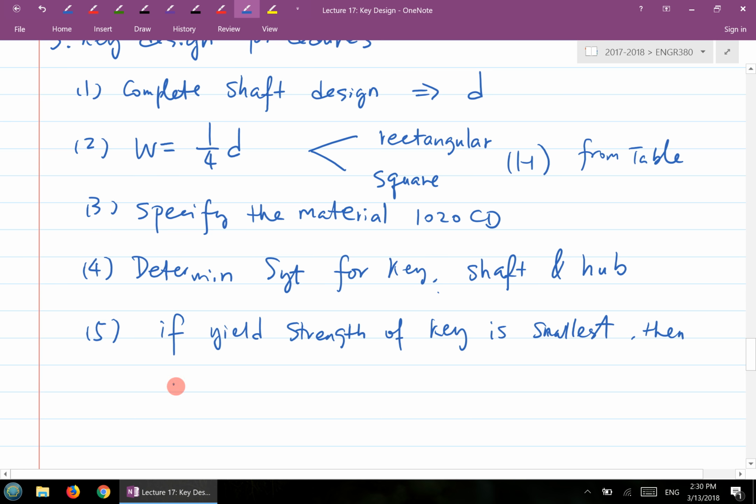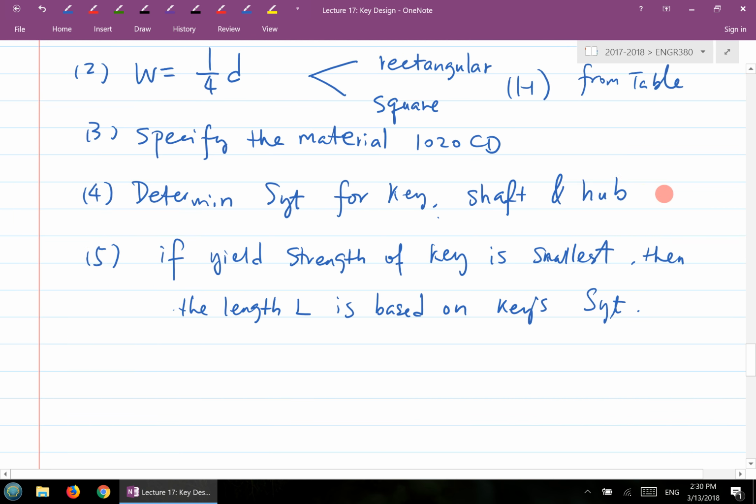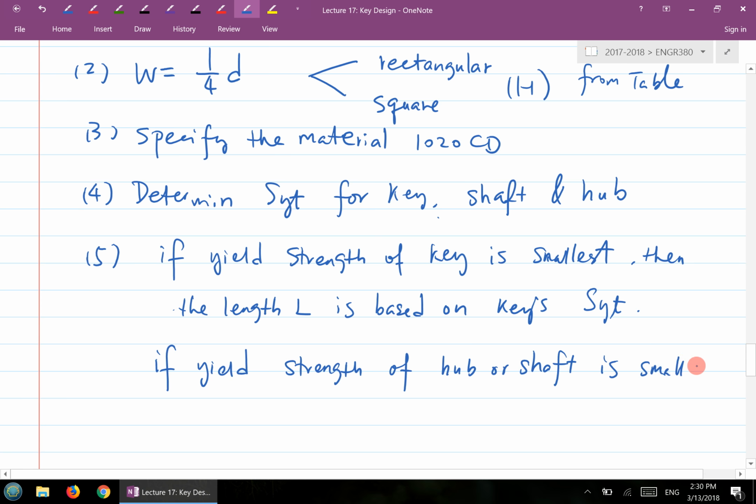then the length L is based on the key's SYT. So essentially you calculate the key as it is using its own yield strength SYT. But the other extreme situation is somehow what you picked, the yield strength of the hub or shaft, doesn't matter which one, is the smallest.